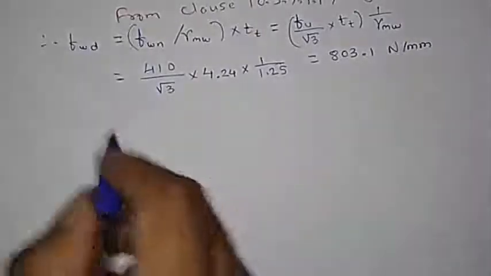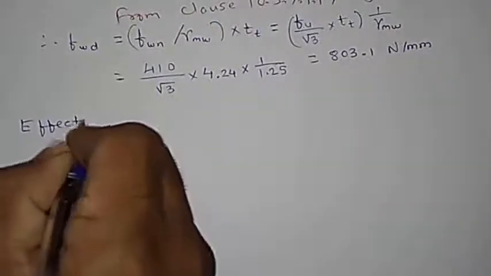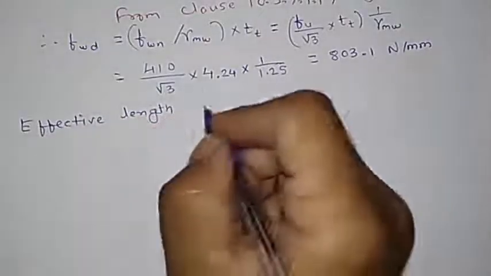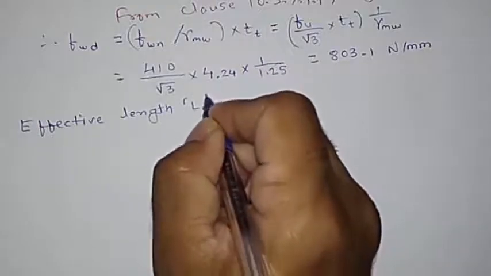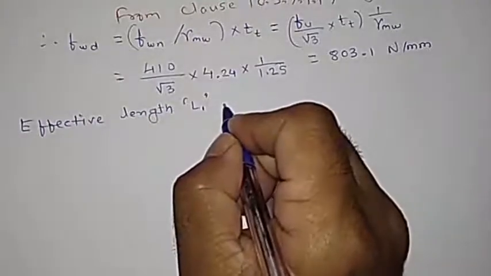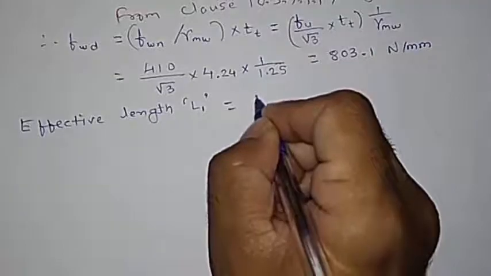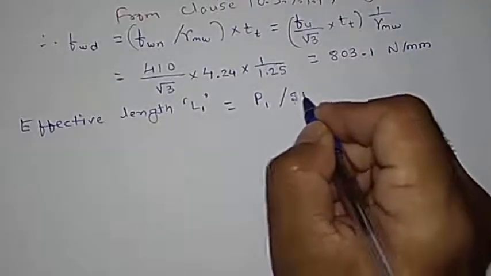So the effective length, let us say it is denoted by L1, equals P1, whatever we got earlier, divided by the strength of the weld.